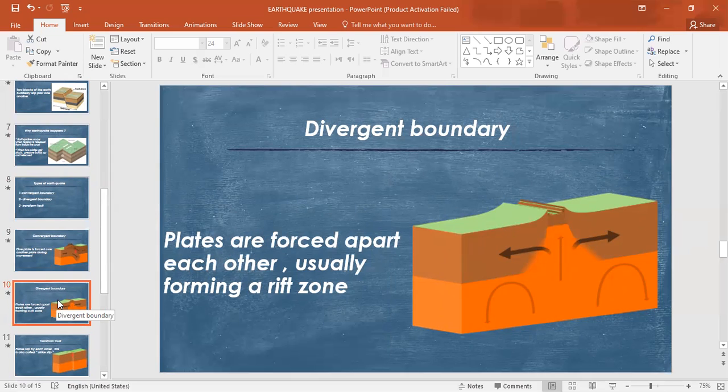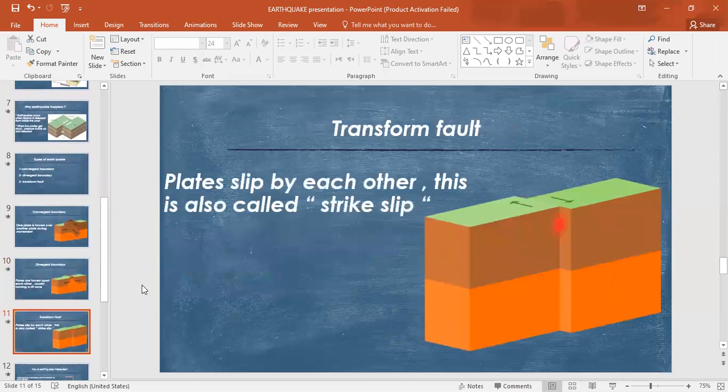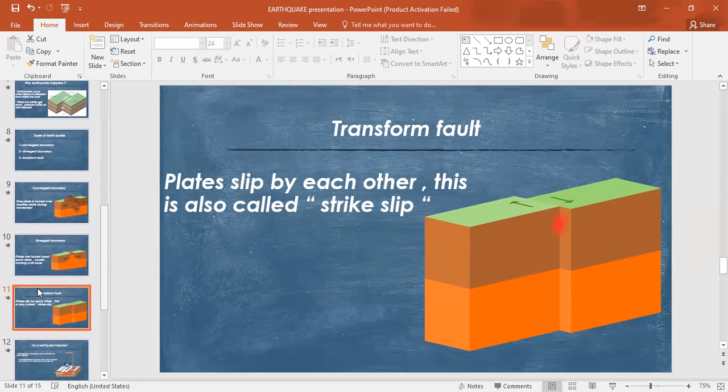So this is the second type. The last one is called transform fault. It happens when plates slip by each other. This is also called strike slip. So this is the last type of earthquake, and as we said, it depends on the plate movement. These are the main three types of earthquake, and for sure, there are some minor types.